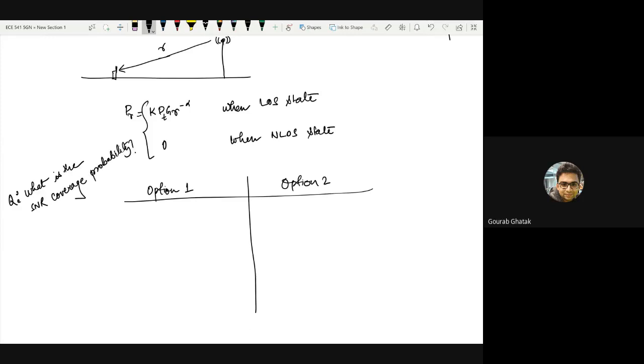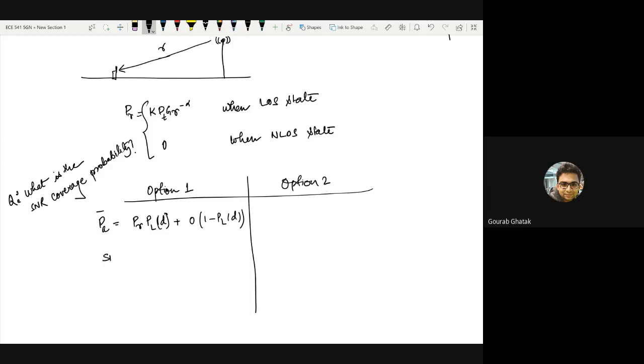In option 1, what I would say is the average received power, or P_R bar, let's say, is P_R times the probability that you are in line of sight, given that you are at a distance of D, because H_B is rather fixed. This is the average received power because you receive 0 with 1 minus P_L of D, right?